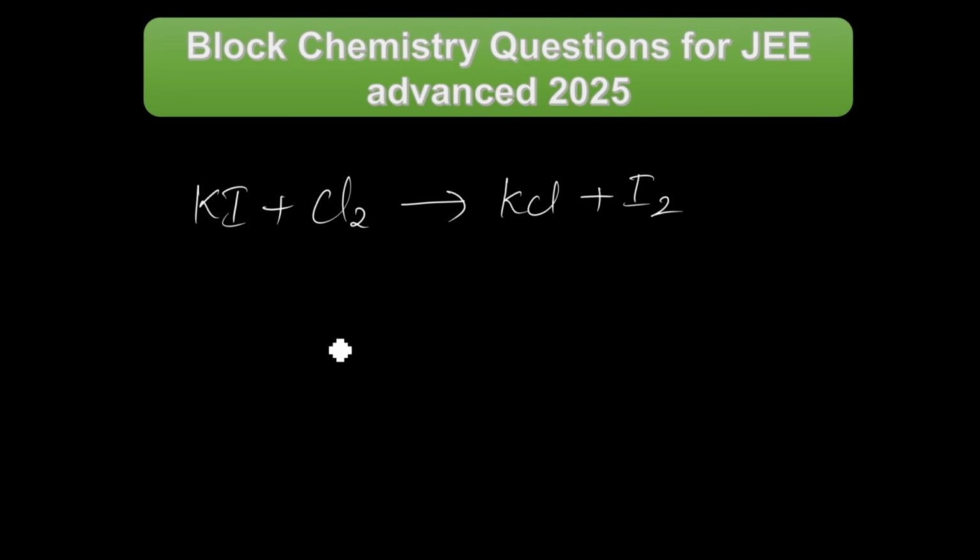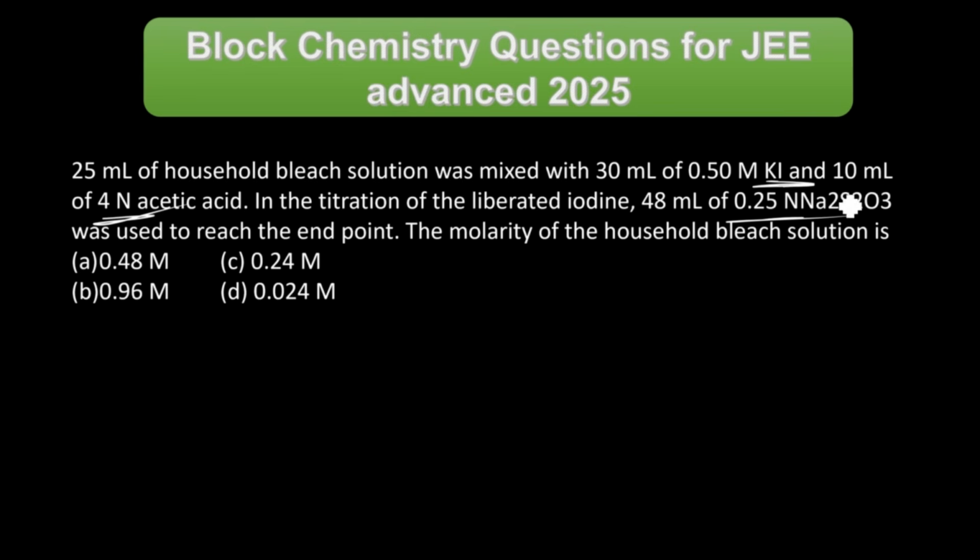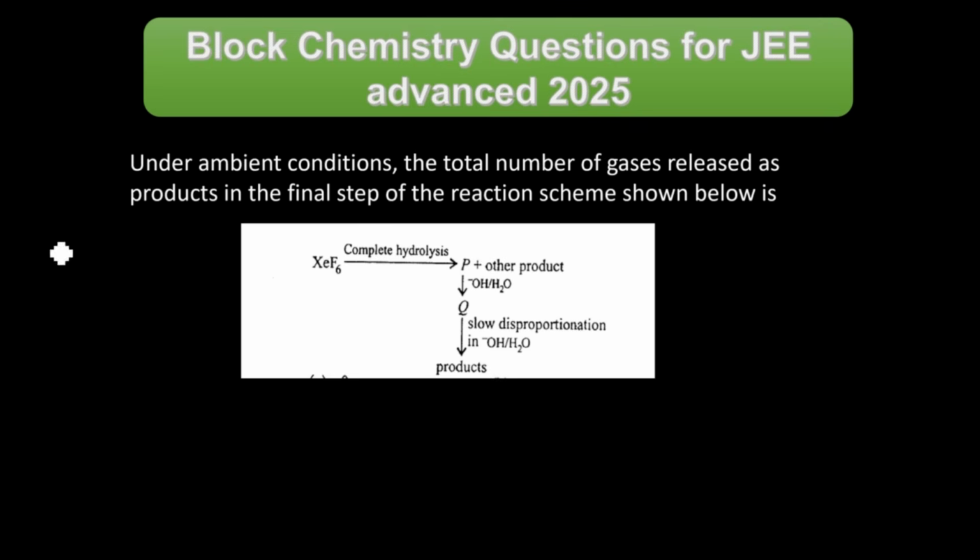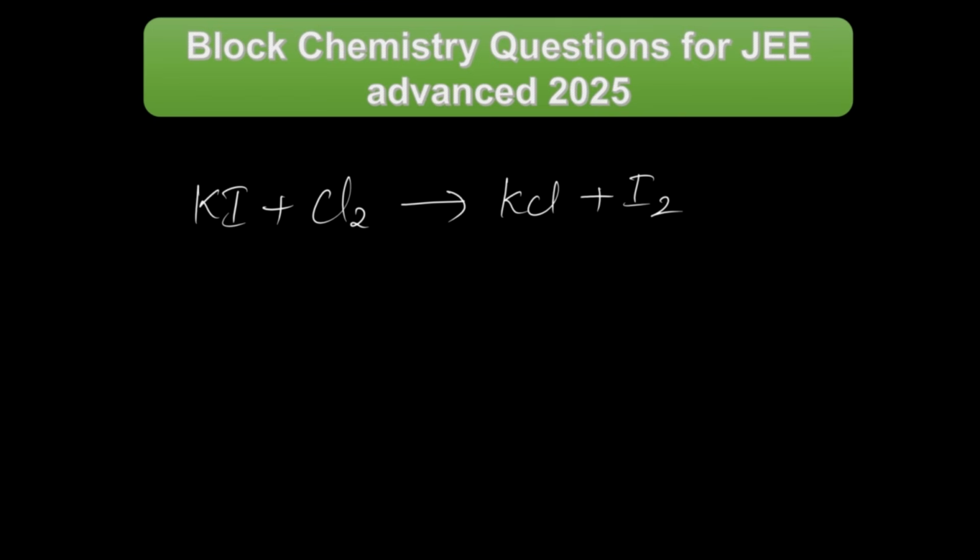So first, KI, iodide, is used to produce KCl, right? And what is this question? In the titration of liberated iodine, thio is used, mixed with KI and 4 normal acetic acid.